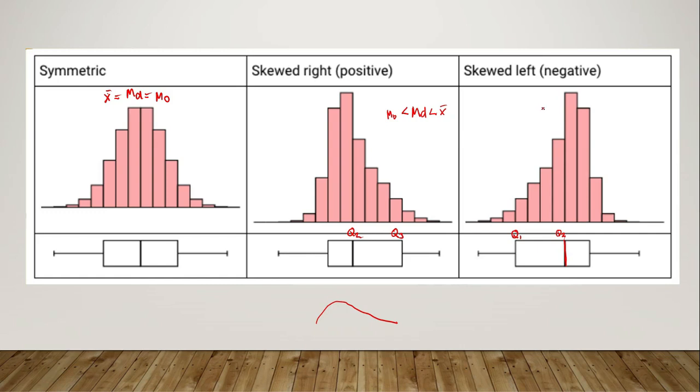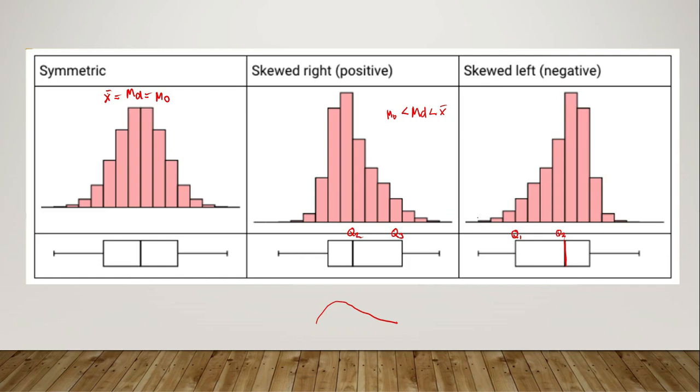So, what can we infer? In skewed to the left, there are larger values, plus we have extreme values on the left part. That is why we call this one skewed to the left. But if you have skewed to the right, we have extreme values on the right part.